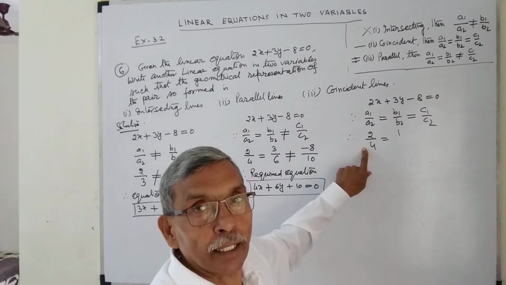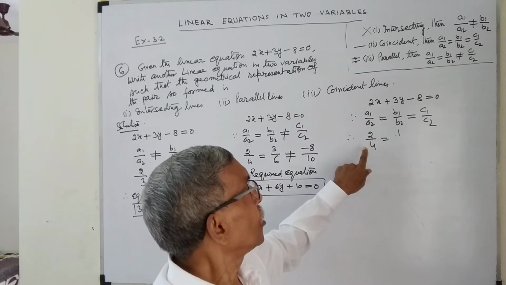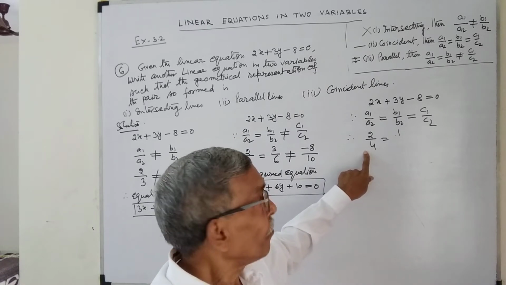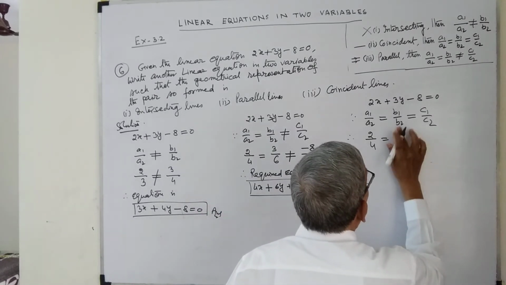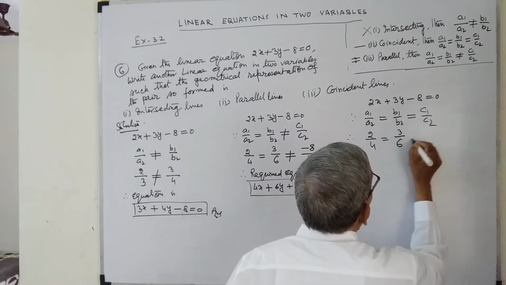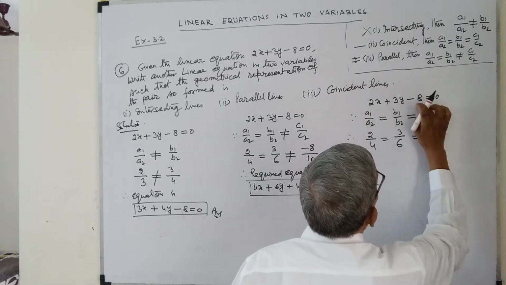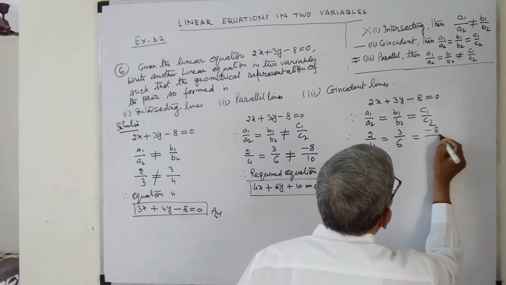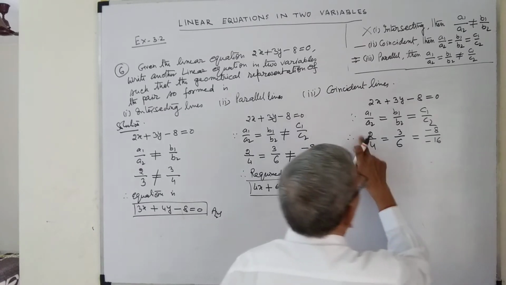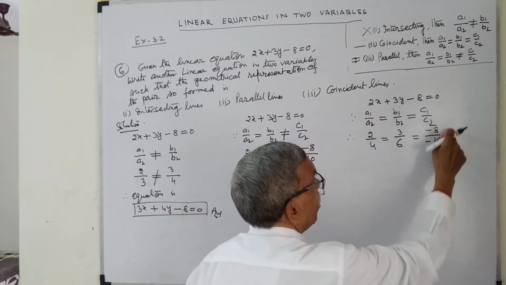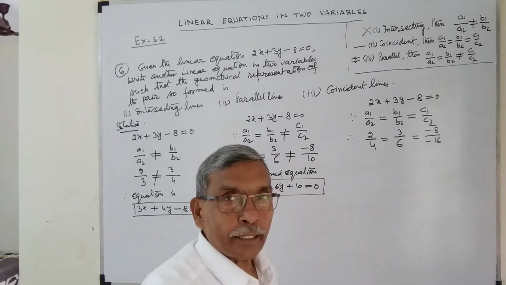If you choose the ratio as 1 upon 3, you can write 6 here. Understood my point? So this is 3 upon 6, and this is equal to minus 8 upon minus 16. So 1 upon 2, 1 upon 2, 1 upon 2. Is it clear?